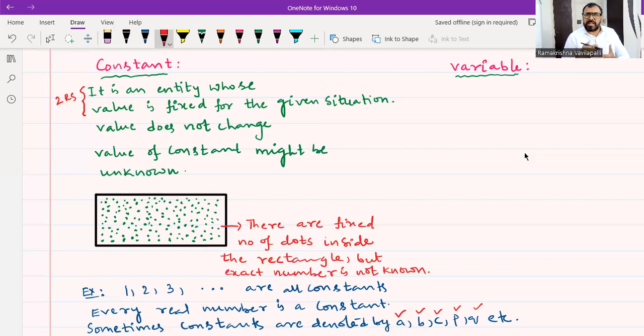If somebody asks, if you are not going with the same constant speed, you say I'm going with variable speed. So a variable means something whose value is not fixed, and variables are usually denoted by X, Y, Z, W, T, etc.